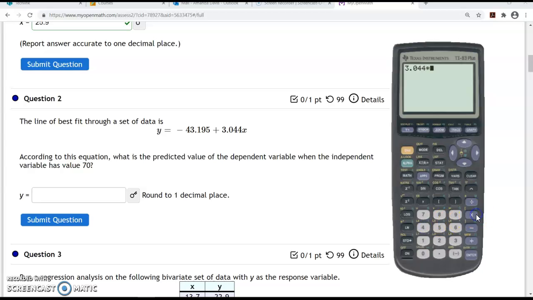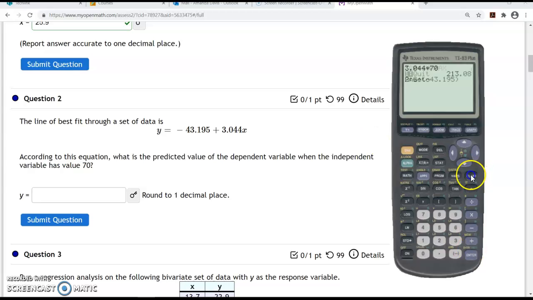I'm going to multiply that by the 70 that they gave us. And then I can either add, or really in this case we're adding a negative, so add or subtract here, 43.195. And that should give us our response.